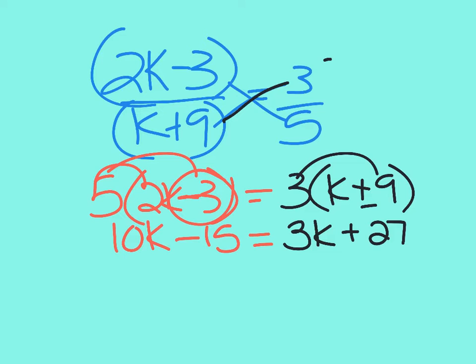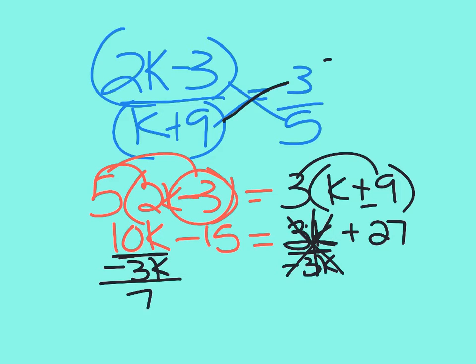Now we've got an equation with variables on both sides. We're going to subtract 3k from both sides so it gets rid of it on that side. Now I have 10k minus 3k leaves me 7k, and bring everything else down, your equals and your 27.